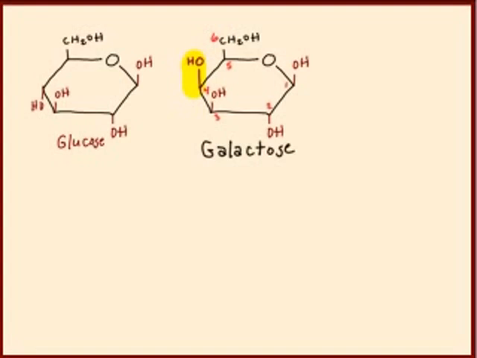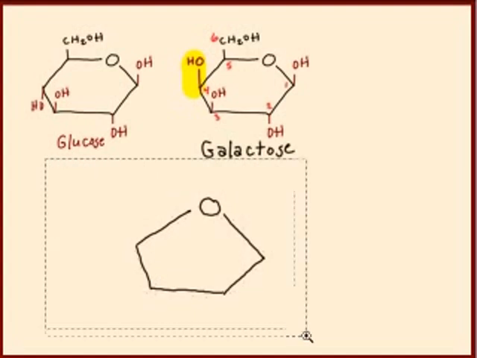The next sugar that we're going to explore, it's still going to have 6 carbons, but it's just going to make a 5-membered ring. Let's just put the outline of the sugar first. Just going to be a 5-membered ring here.